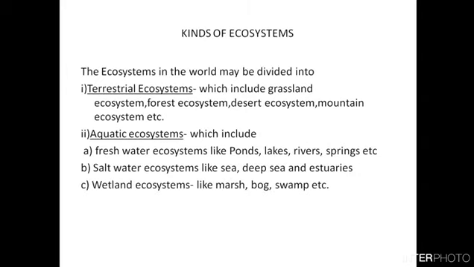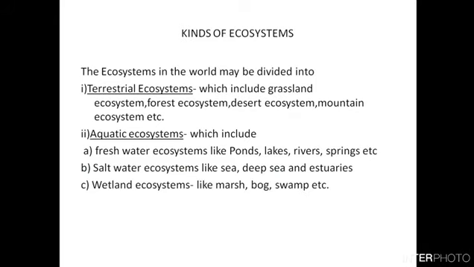Next we can see the different kinds of ecosystems present on the surface of the earth. The ecosystems in the world may be divided into terrestrial ecosystems and aquatic ecosystems, because we have land as well as water on the surface of the earth. So we have two broad types of ecosystems.